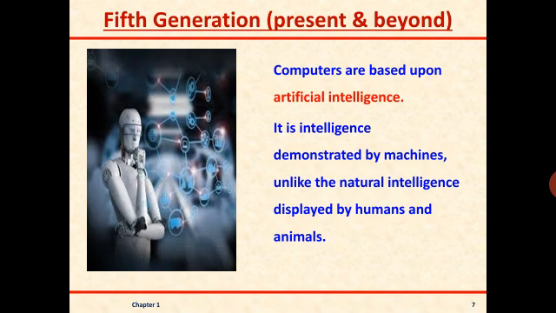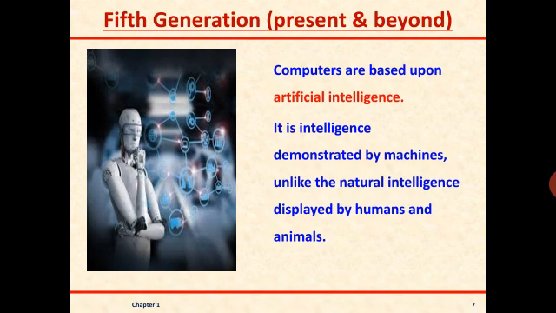Similarly, we can create an artificial machine where data will be stored. It thinks like a human being, acts like a human being, and performs calculations. All these things are possible. This is nothing but artificial intelligence. Let me give an example: robots are an example of artificial intelligence.